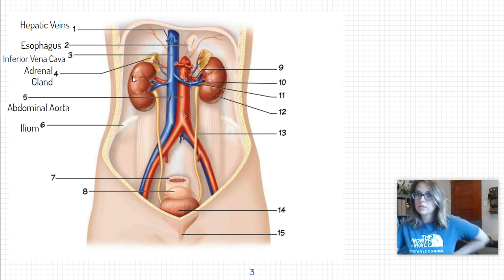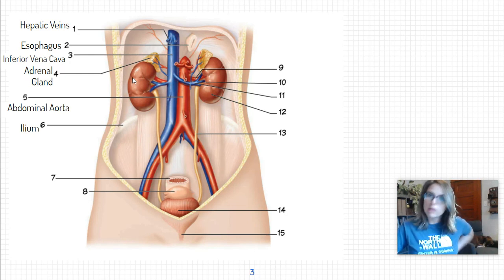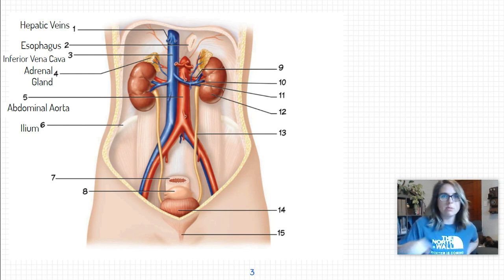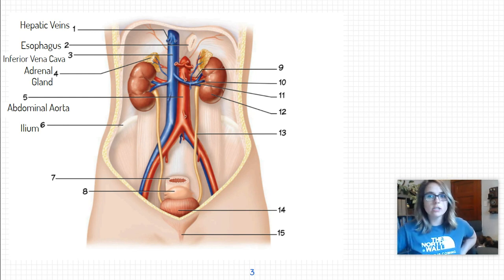My hand's placed right where those kidneys would be. My rib cage comes down, my ileum comes up to try to protect these important organs. But when we talk about a kidney shot, there's a little bit of empty space where there's no bone, and so sometimes boxers can get a jab in there and make someone urinate out blood.